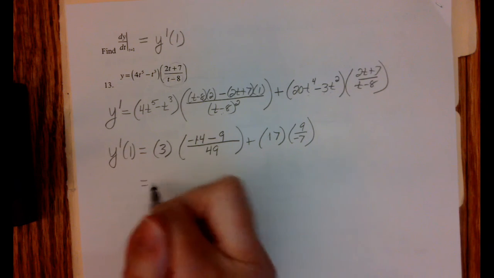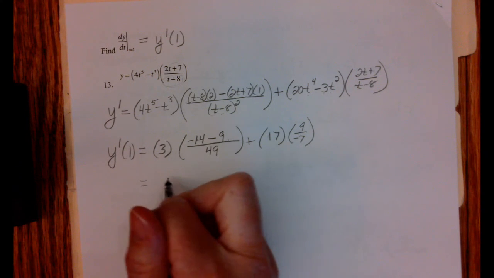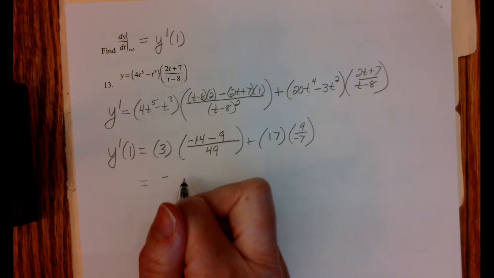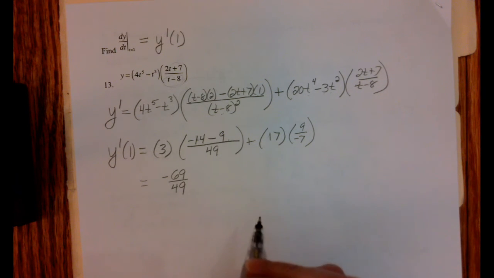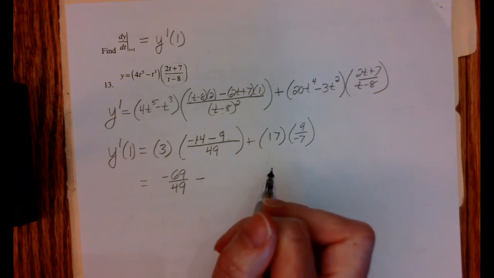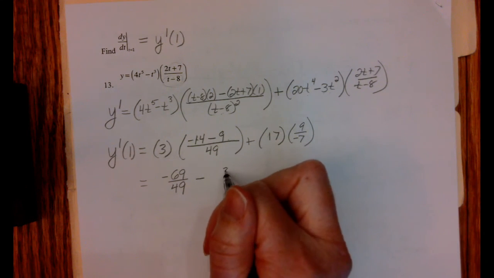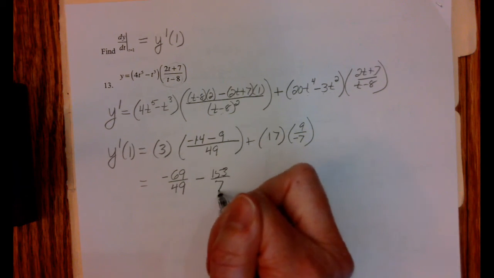That becomes negative 23 tripled, which would be negative 69 divided by 49, minus 9 times 17, 63, 153 divided by 7.